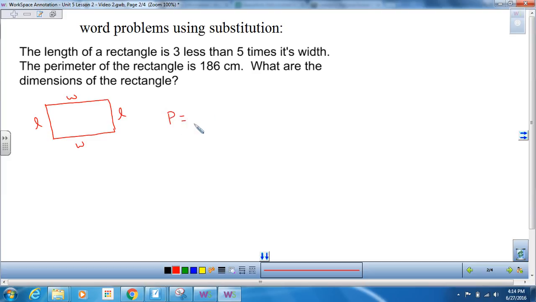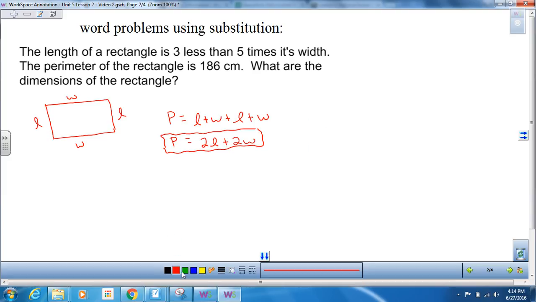So perimeter in general is length plus width plus length plus width. All right, so if I can combine those like terms, then I have 2L plus 2W. Okay, so this is maybe something you want to write in your notes, that perimeter equals 2 times the length plus 2 times the width. That's going to help me set up this system of equations.